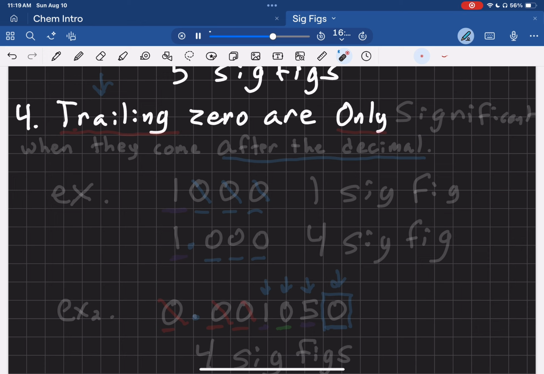Only, I'm going to underline this because it's important, only significant under one condition. Let's talk about what that condition is right now. Are only significant when they come after the decimal. After the decimal.